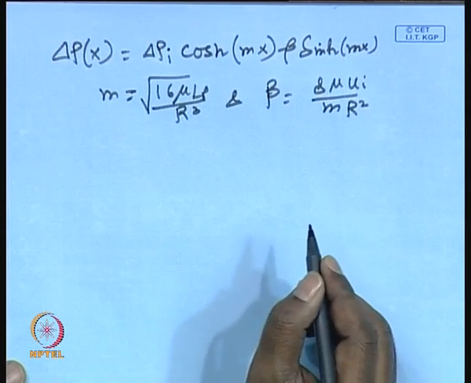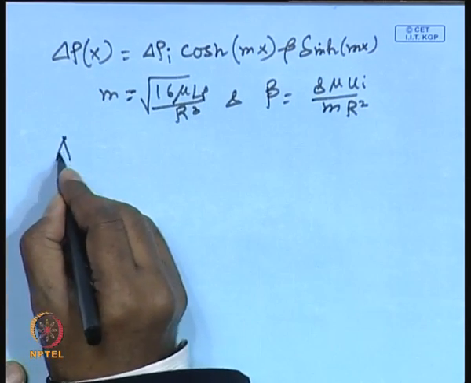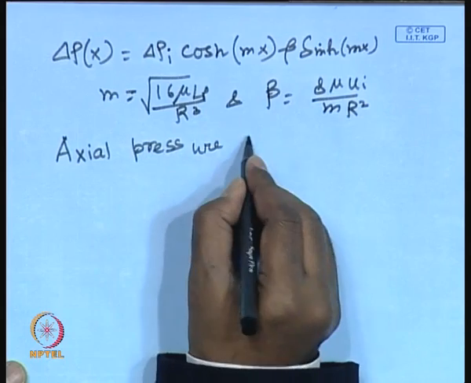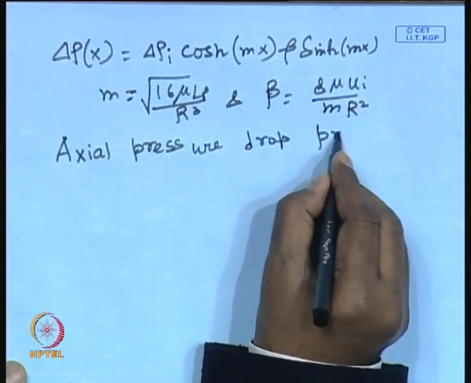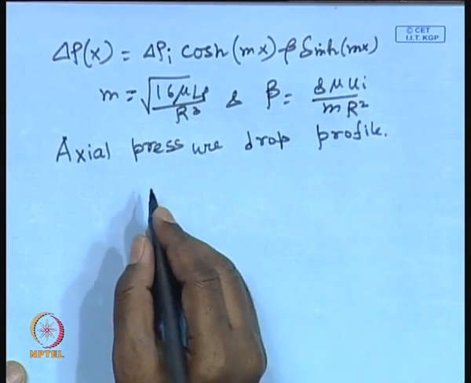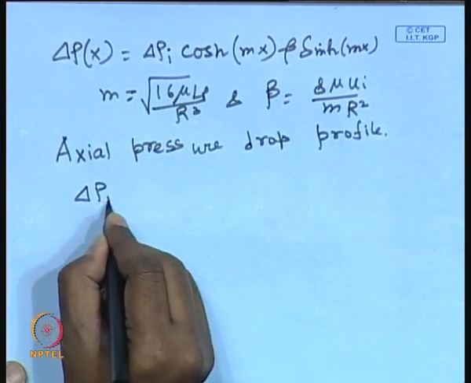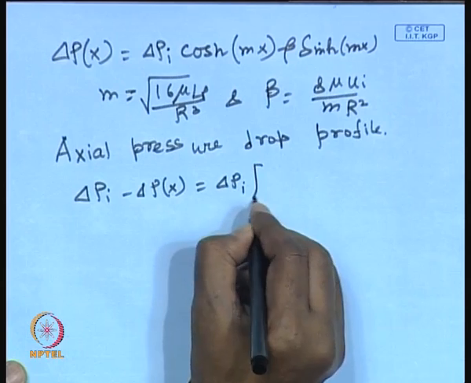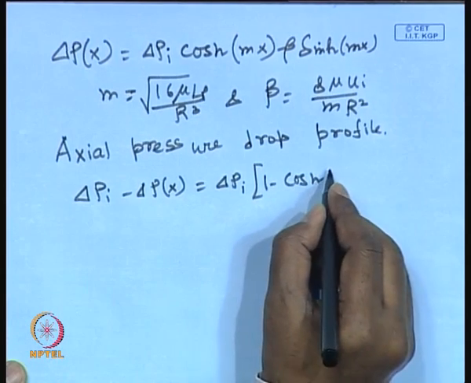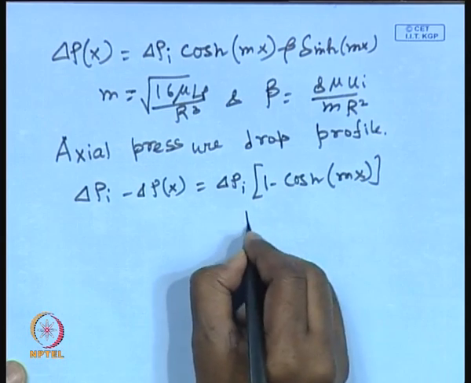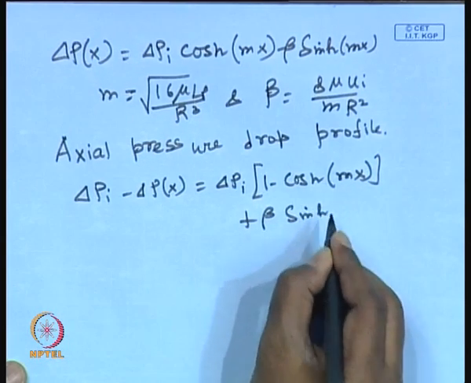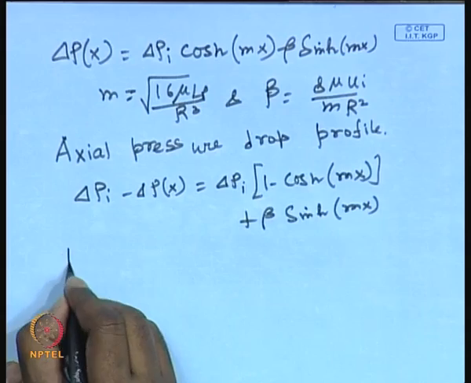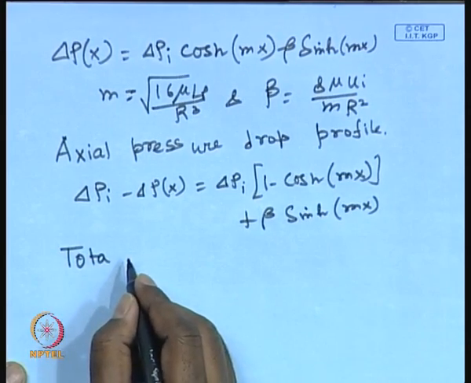And the axial pressure drop profile along the module becomes delta p in minus delta p x is equal to delta p in times 1 minus cosh mx plus beta sinh mx, and the total axial pressure drop across the module is obtained when we replace x by L.